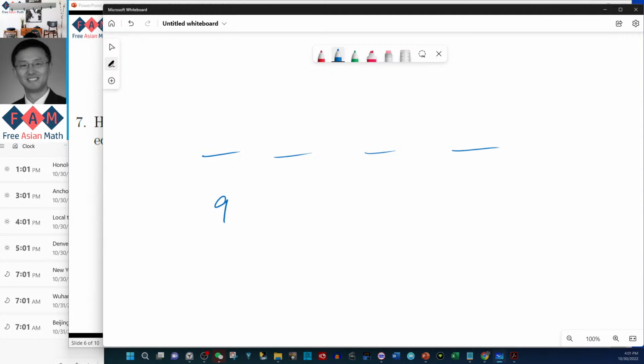Usually, if there's no constraint, this can be times 10. But now it says that you cannot have consecutive same digits. So whatever the first digit is, we cannot have that same digit in this second slot, right? This is the constraint. But that also tells us how many choices we can have for the second one. Now again, we can only have 9 because we have to exclude that very first digit.